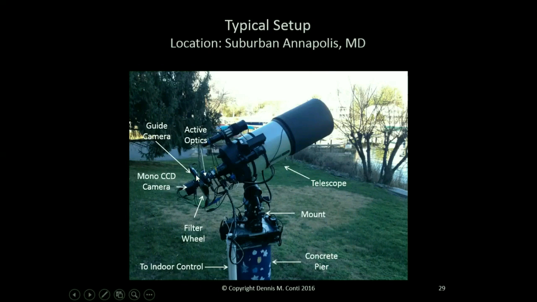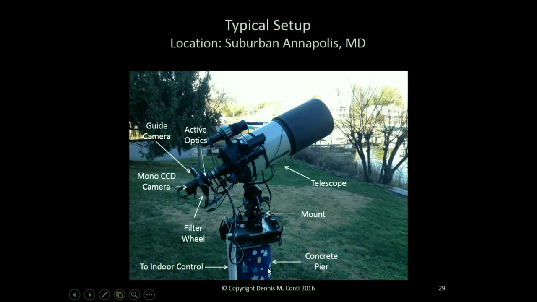Optionally, we see an active optics unit here, which is used to take care of even more precise guiding than what a typical off-axis guider is used for. And we see here that in this particular setup, the controls are run indoors.